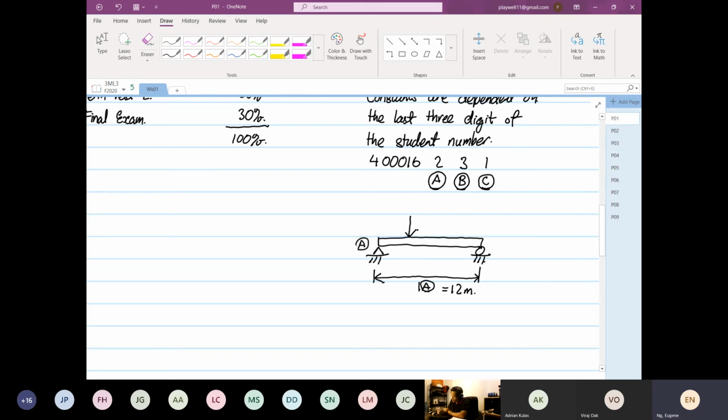This is point alpha, and this is point beta. Then the distance from here to here can be maybe C. C means the distance from this edge is 1 meter. And the load can be CBA. CBA means the load will be 123 Newton. Sorry, 132 Newton.